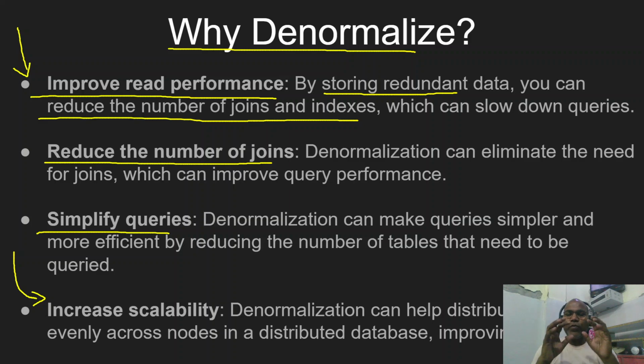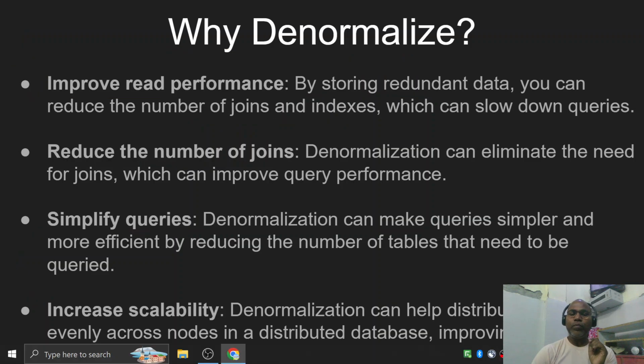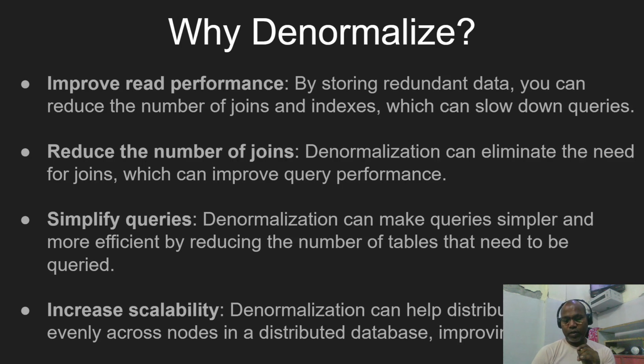So if we store data in a redundant format, the same data in multiple places and multiple databases, denormalization helps us distribute data more evenly across the nodes in a distributed database. That improves our scalability. So these are the two major points: improve read performance and increase scalability. These are the reasons why we decide on denormalization.